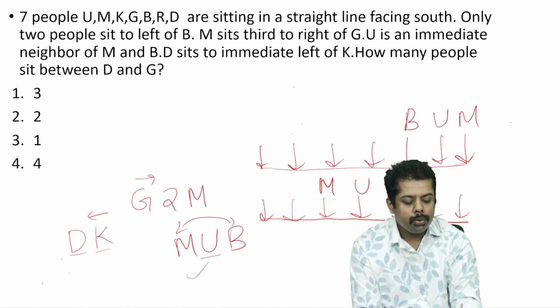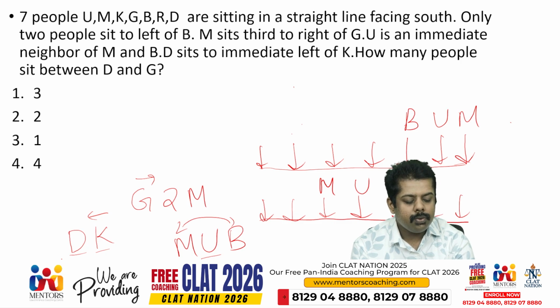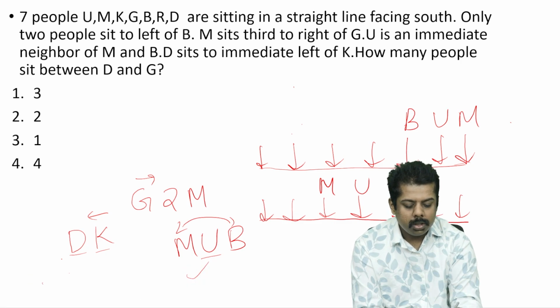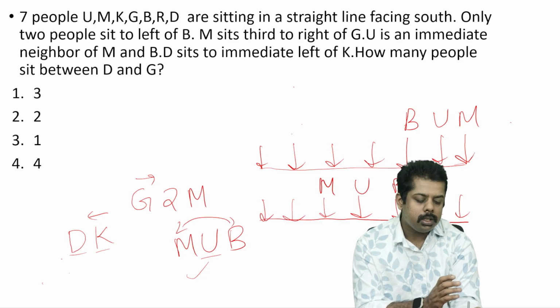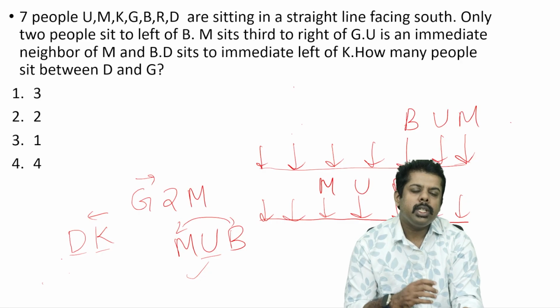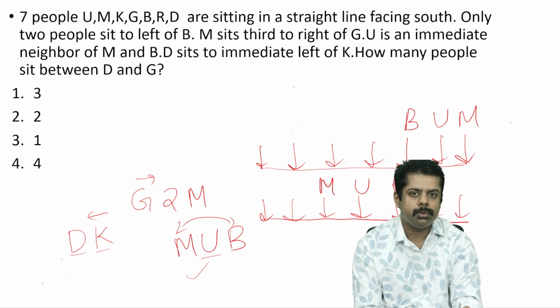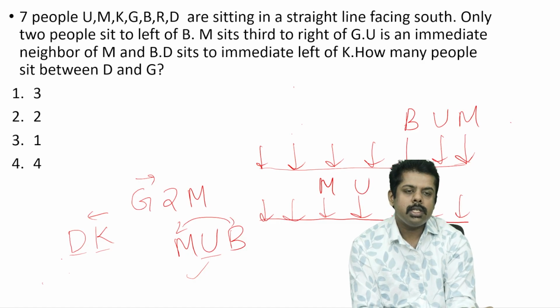If you're going through the first scenario, as we have understood, we have fixed M in a position in the first scenario. So the point says that we have to fix M third to the right of G. So in the first case, is it possible?